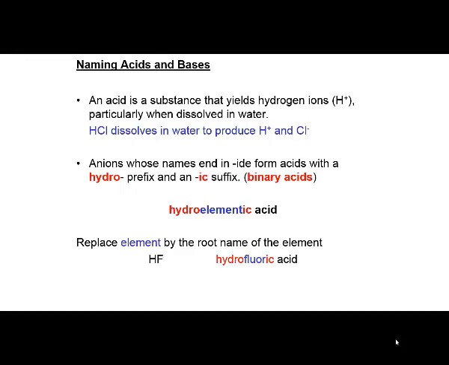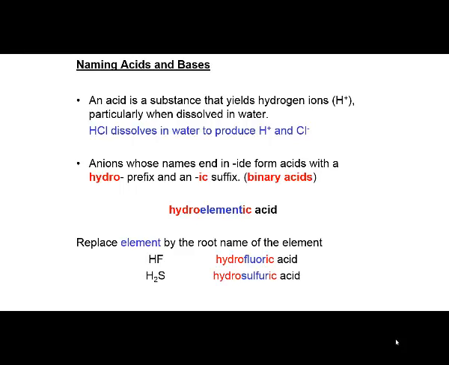You will notice there is no oxygen in this formula, just HF. If it were to dissolve in water, we would expect to have hydrogen ions being produced as well as fluoride ions from this compound. It is very reactive and can be considered quite dangerous, even though it's not classified as a strong acid.